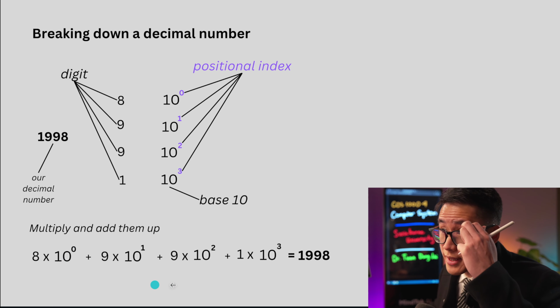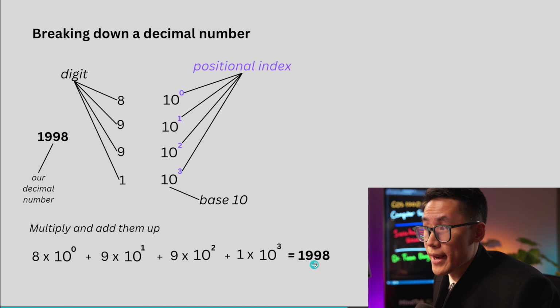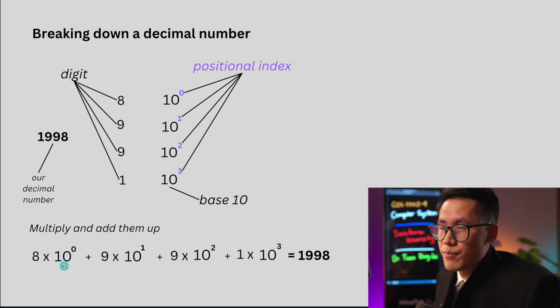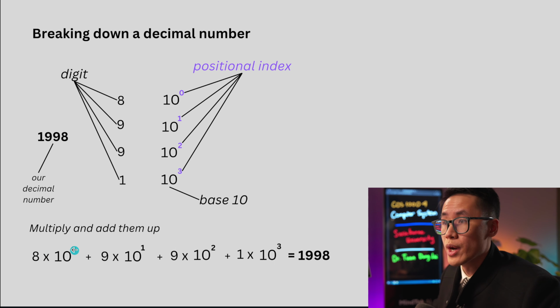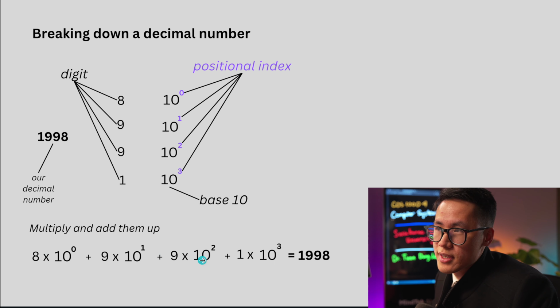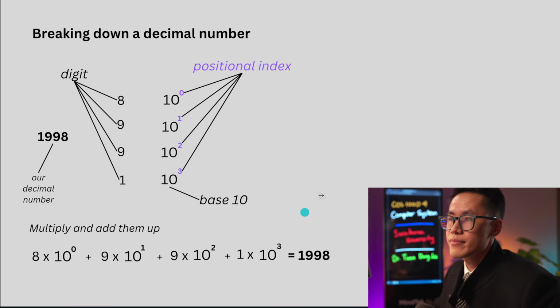And then if you add these up, you will get 1998. Keep in mind that 10 to the power of 0 would be 1. Anything to the power of 0 would be 1. And then, of course, 10 to the power of 2 would be 100, and this is 1,000.